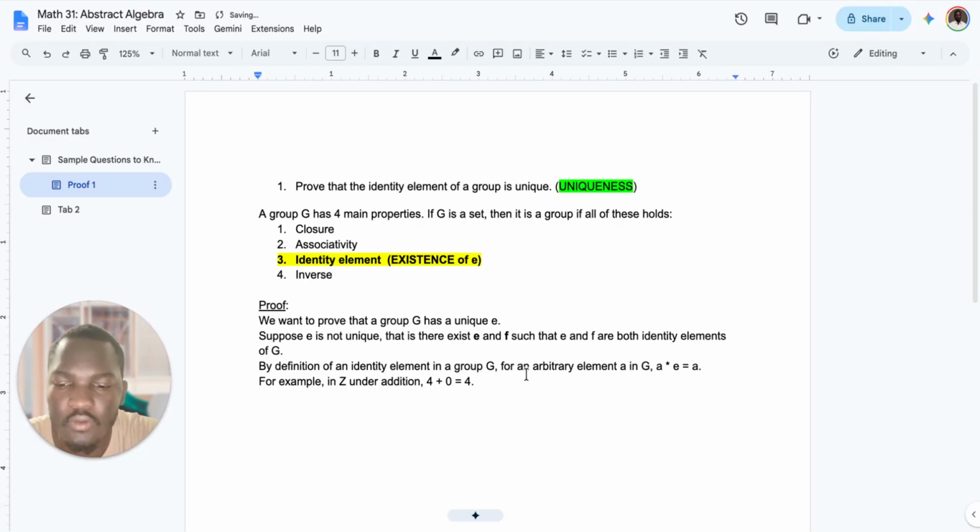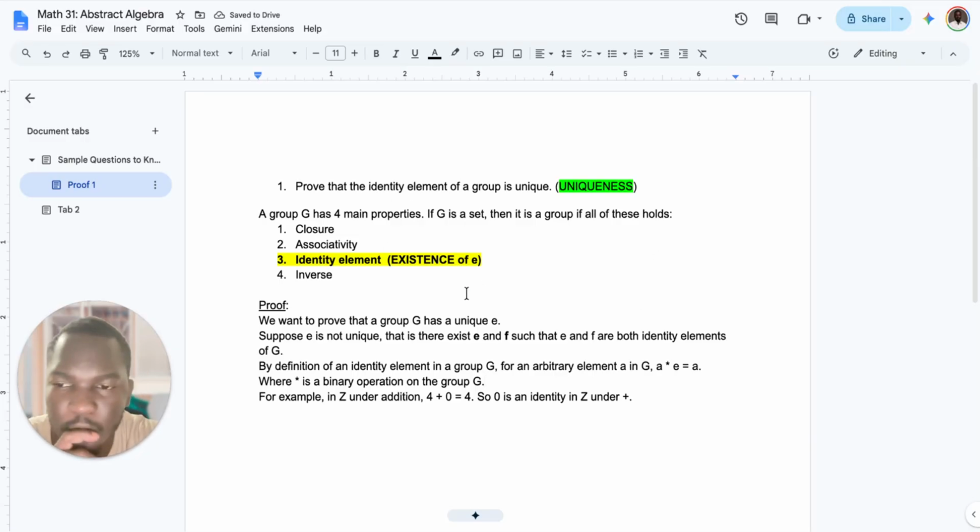So 0 is the identity element in Z under plus. Here we just use star to denote the binary operation on the group G.